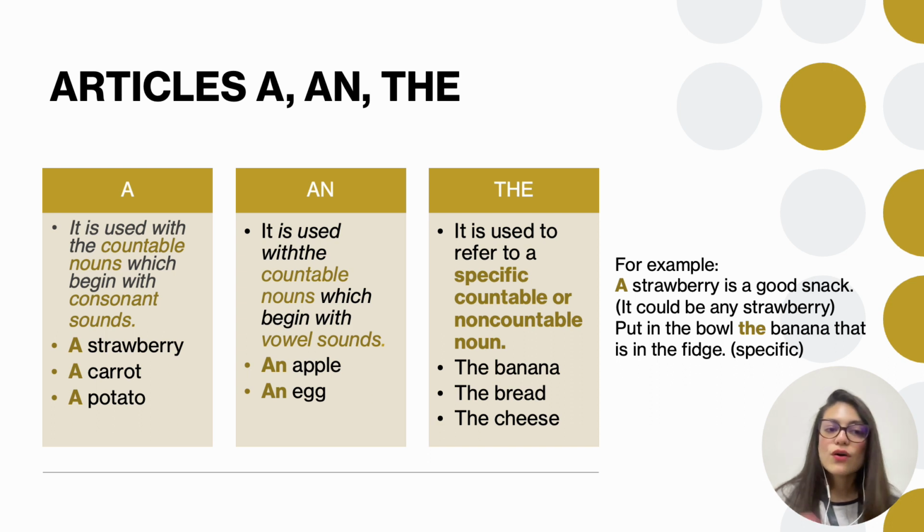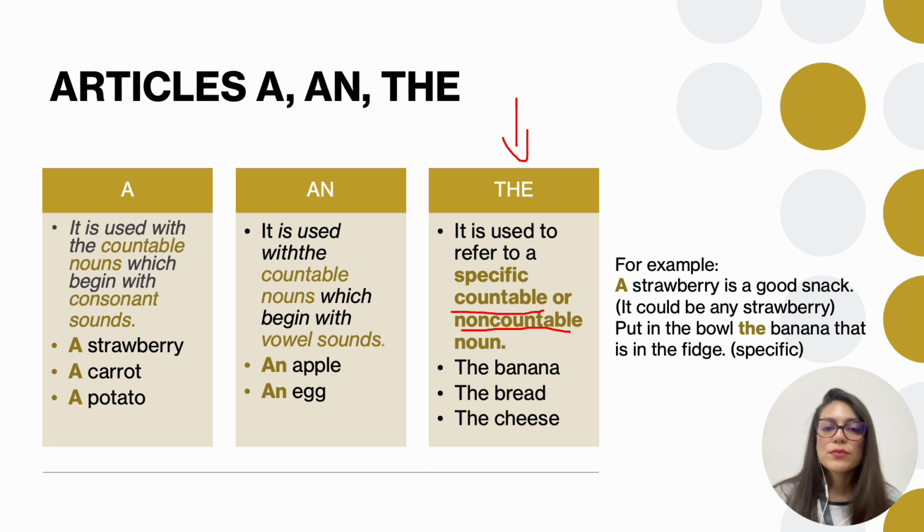And the is used to refer to a specific countable or non-countable noun. So here, we can use it for both, for the countable and for the non-countable, okay? For example, the banana, the bread, or the cheese, okay?